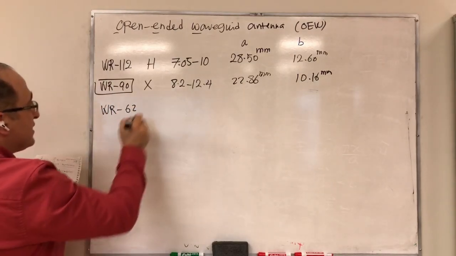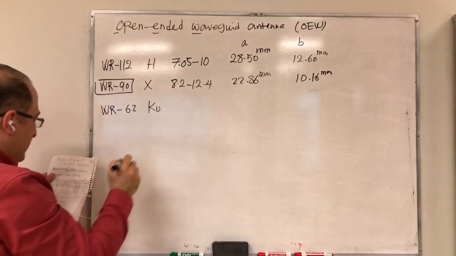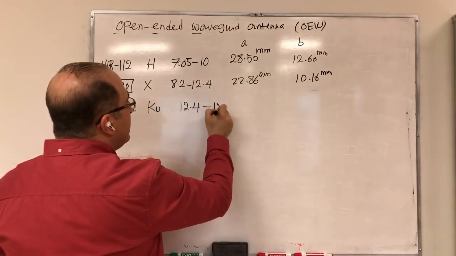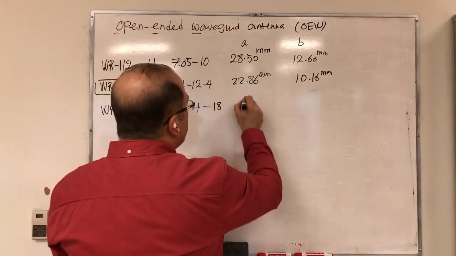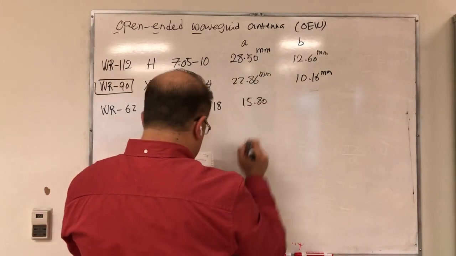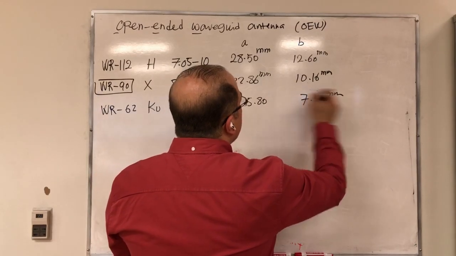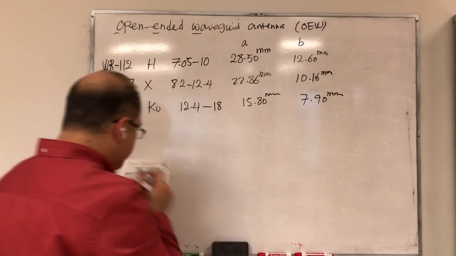WR62. This is Ku band, and this is from 12.4 to 18, and that's going to give you the dimension of 15.80 by 7.90, everything in millimeter here.